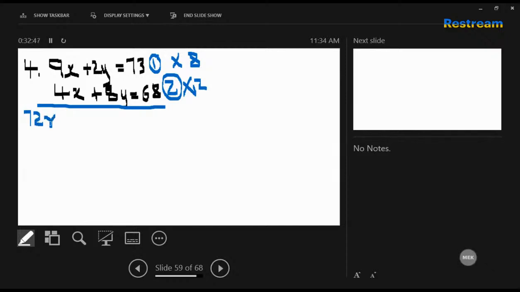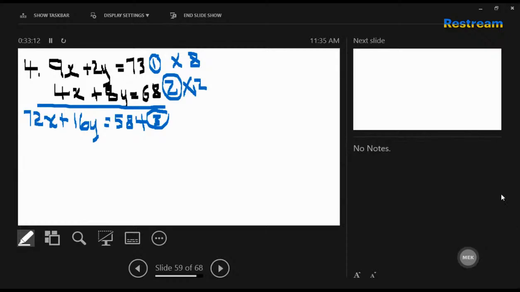So if I'm multiplying everything in equation 1 by 8, I'm going to end up with 8 9s, 72x, plus 8 2s, 16y, is equal to, so 73 times 8 is 584. And that is equation 3.